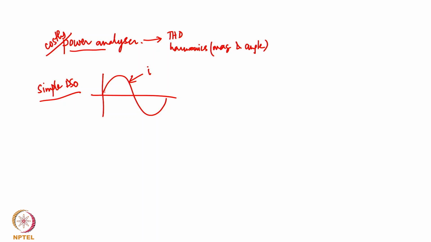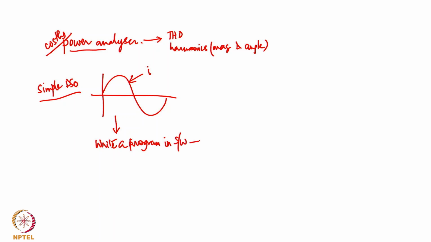If your sampling frequency is very high compared to the fundamental or the frequency up to which you want to get the harmonics, then, generally these DSOs sample at megahertz, several hundreds of megahertz, so it is very fast. When you sample at that frequency, you can easily analyze this current waveform. Suppose you take this waveform, put it in a memory and then write a program in software.